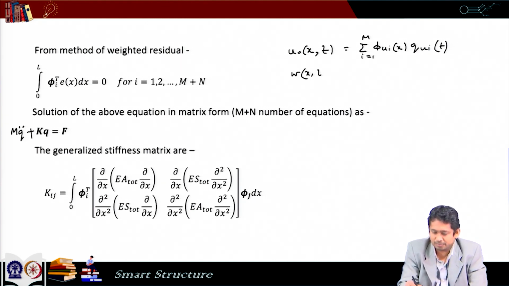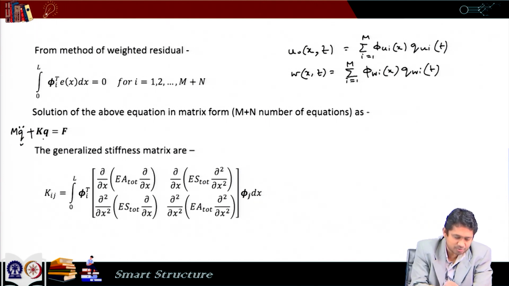And w, similarly we can write as a function of x and time, as the sum over I equal to 1 to m of phi w I x times q w I t.